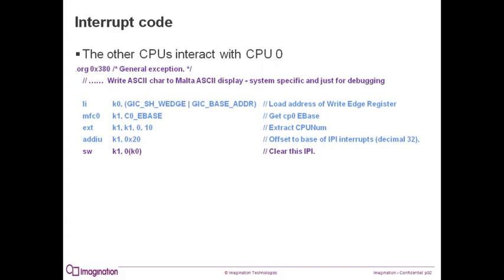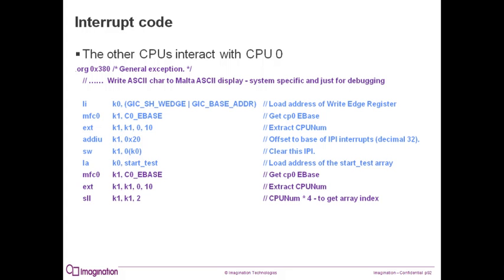Now that the interrupt is cleared, the code will set this processor's element in the start test array. The code does this by loading the address of the start test array into K0. Then the code reads the EBase register, extracts the CPU number, and multiplies it by 4 because the array is an array of integers.